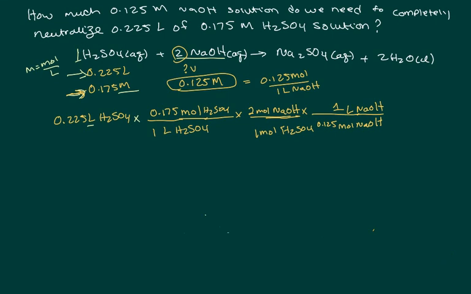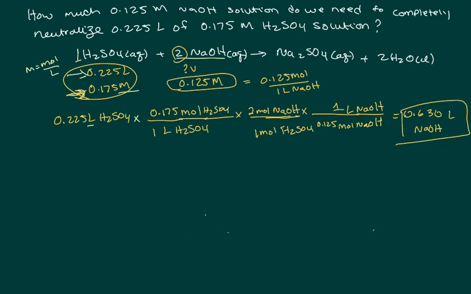Okay, so you can go ahead and figure out the math right there, and you will find an answer of 0.630 liters of NaOH. So you need this much, 0.630 liters of sodium hydroxide, in order to neutralize 0.225 liters of sulfuric acid.